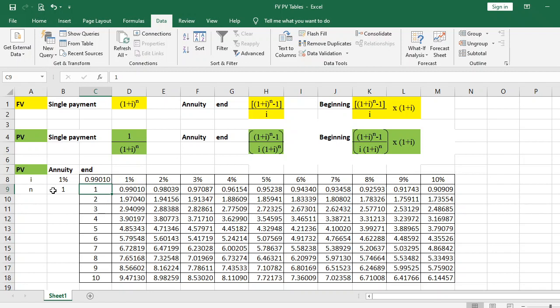Okay, we shall move on to this cell and interpret. What does it state? 10 years at 10% interest rate, it is 6.14457.